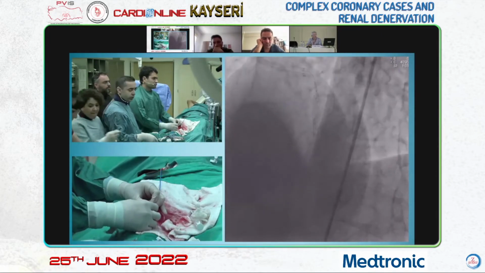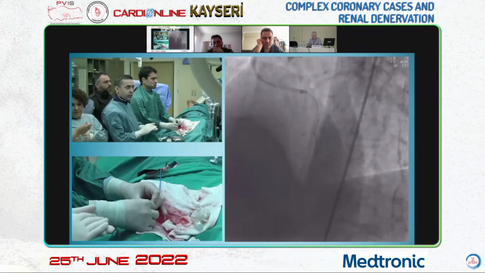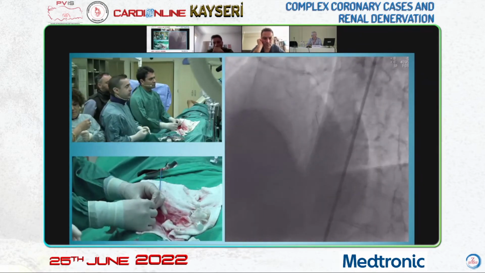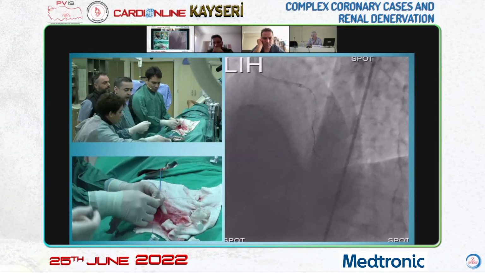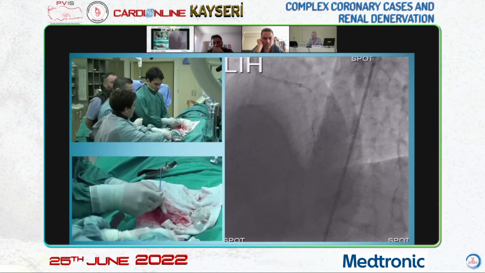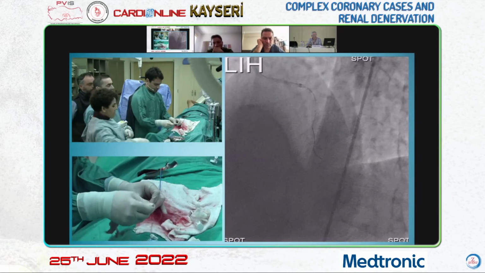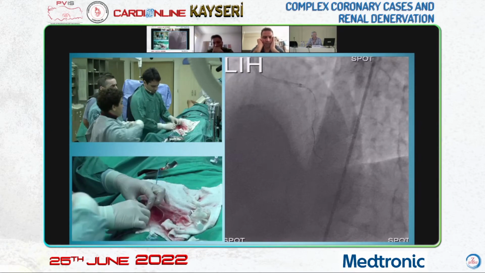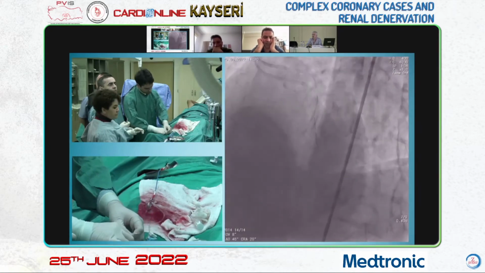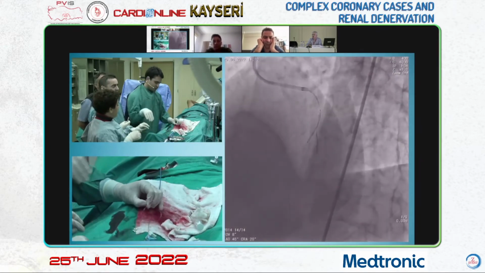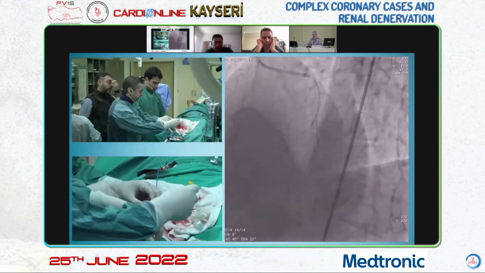Let's have a nitrate so we can have a new IVUS. Maybe we can see the plaque and what the percentage of plaque is. So let's take the balloon, let's have the nitrate. We can have a new IVUS, so we will see the part there.